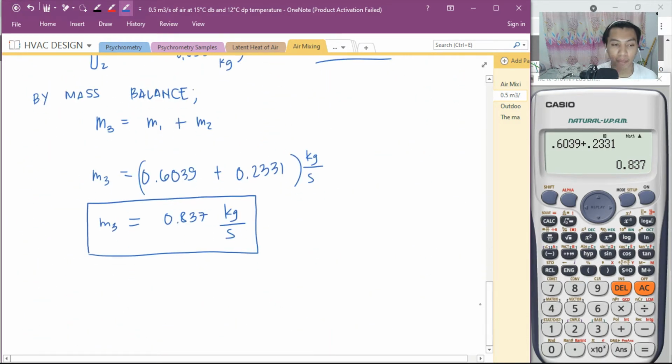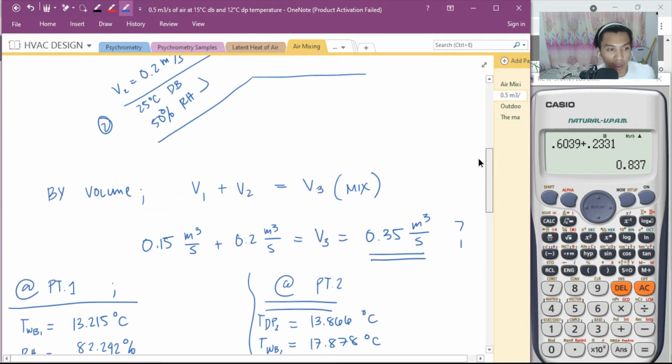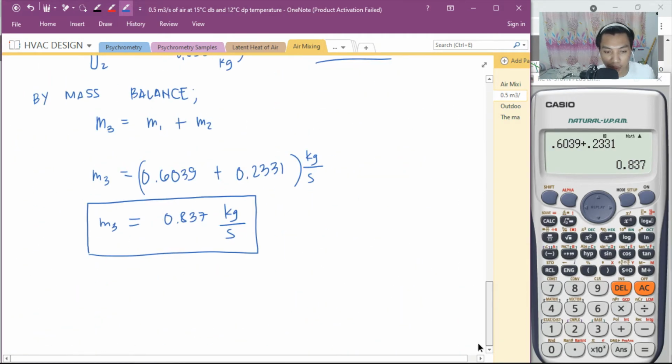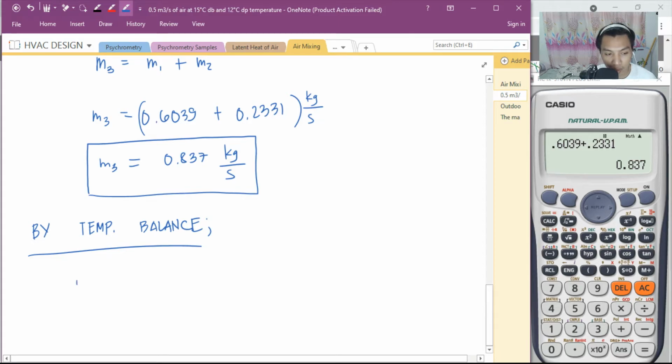Okay? Meron na tayong mass of the mixture. Ano yung pinahanap dyan? The dry bulb temperature of the mixture by temperature balance. Yung mass 3, dry bulb 3, equal to mass 2, dry bulb 2, plus mass 1, dry bulb 1.